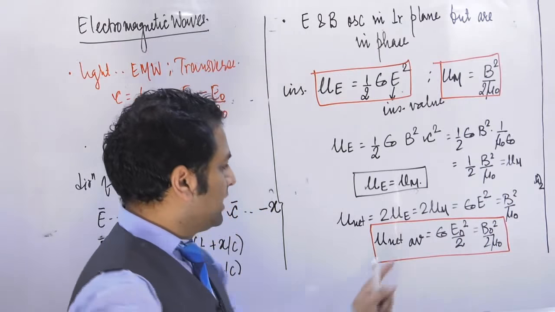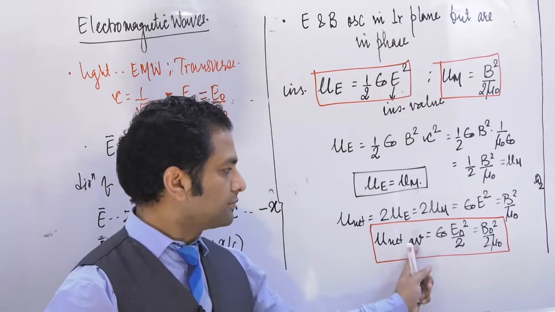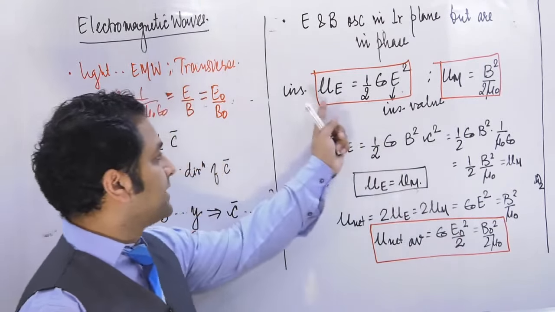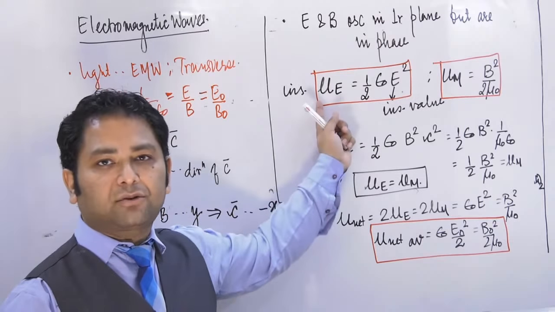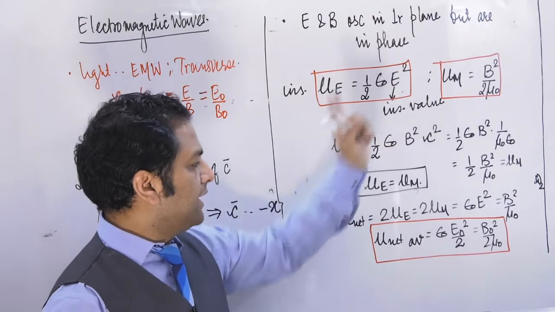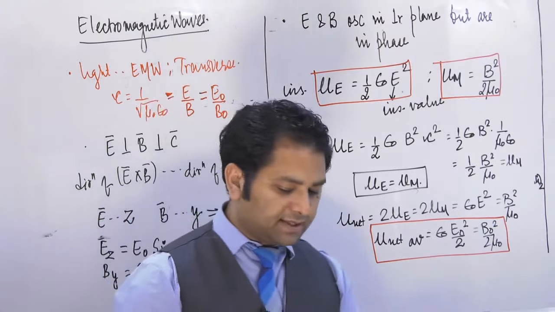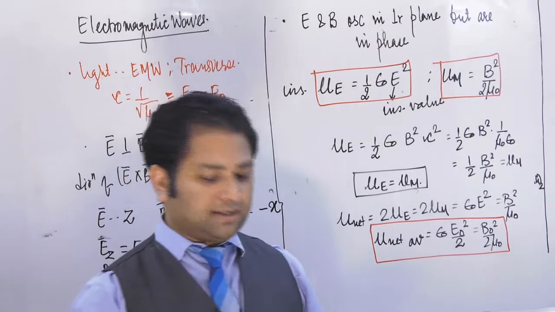This is the average value net, and this is the peak, where this is the instantaneous value, only the electrostatic, and here is the instantaneous. So just be careful with this particular expression. That is very, very important.